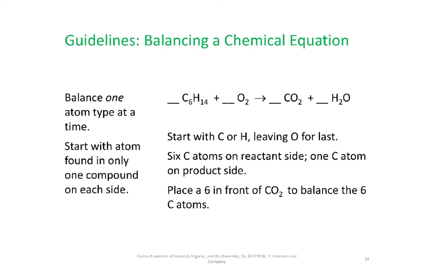So let's start with carbon, and we have 6 carbon on the reactant side right here, and 1 carbon on the product side. So if we place a 6 in front of the CO2, we now have this balanced carbon. Okay, next step.